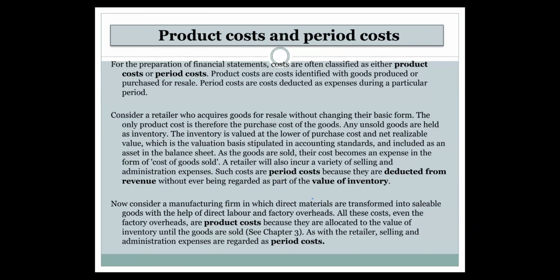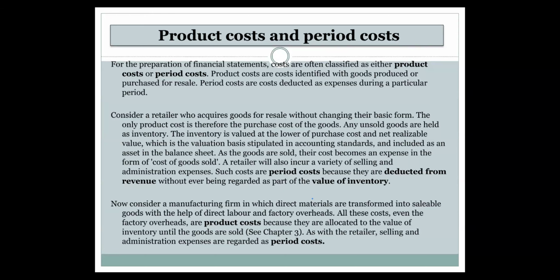So consider a retailer who acquires goods for resale without changing their basic form. The only product cost is therefore the purchase cost of goods, and any unsold products are held as inventory. As we know, if we produced a bulk quantity of product, those that are sold we call sold products, and the remaining unsold products we call our inventory.